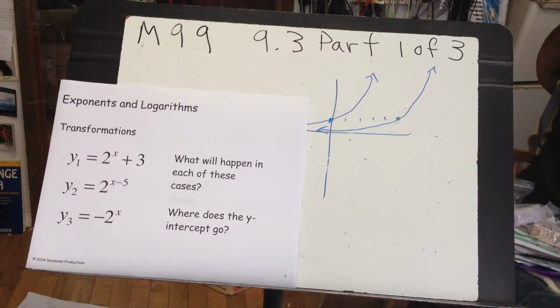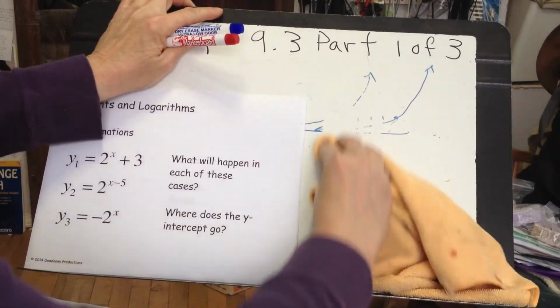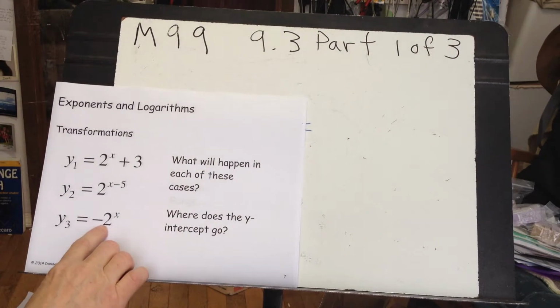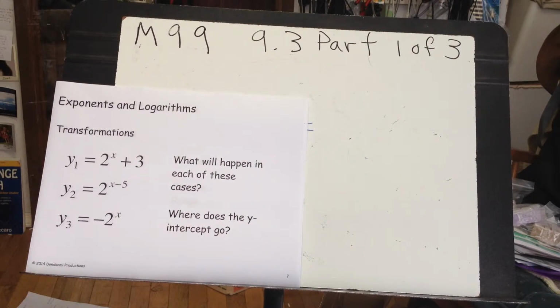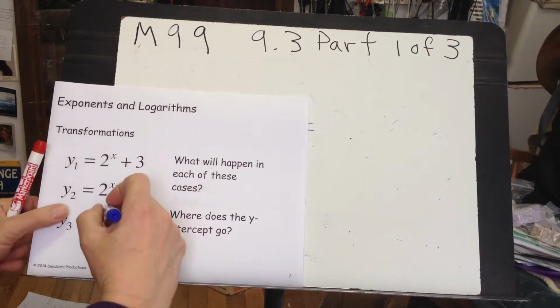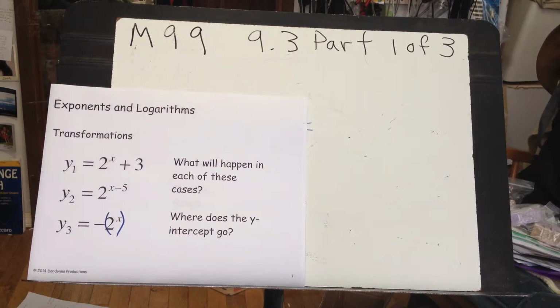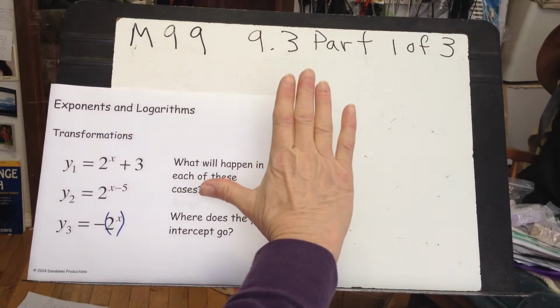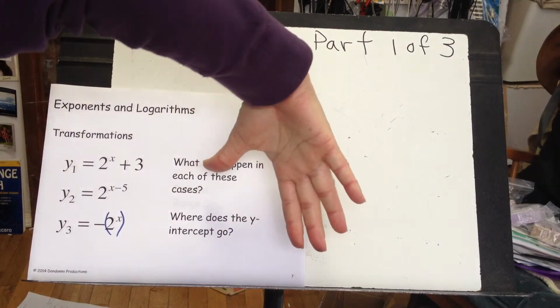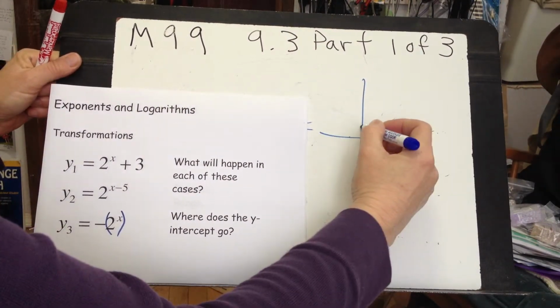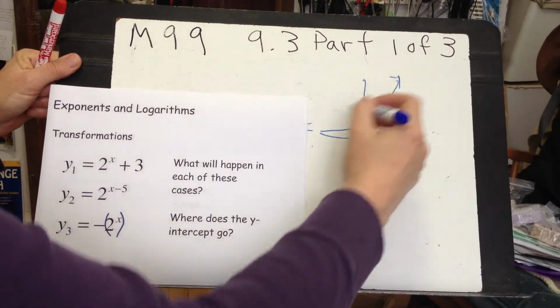This one's a little trickier. What is a negative leading coefficient? That's really a -1 out there in front of the 2. It does not make the base negative because the exponent happens before that multiplier. So that's going to make that thing flip over. Instead of being shaped like this, it's going to be shaped like that. The original function was 2 raised to the x power like that.